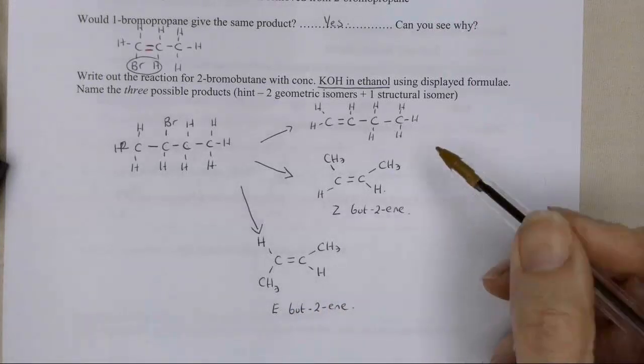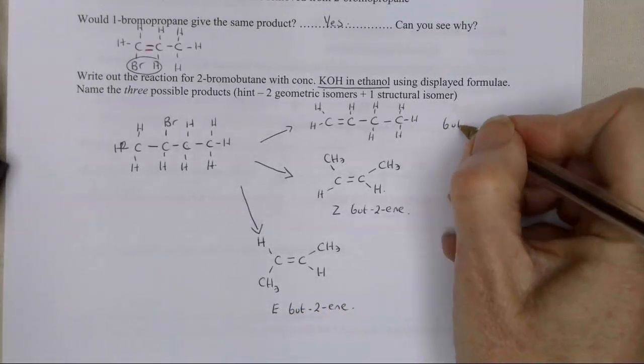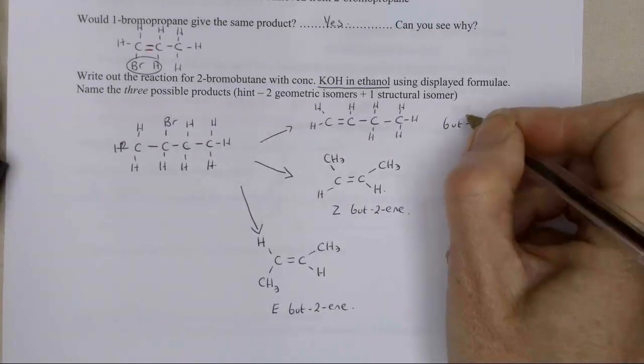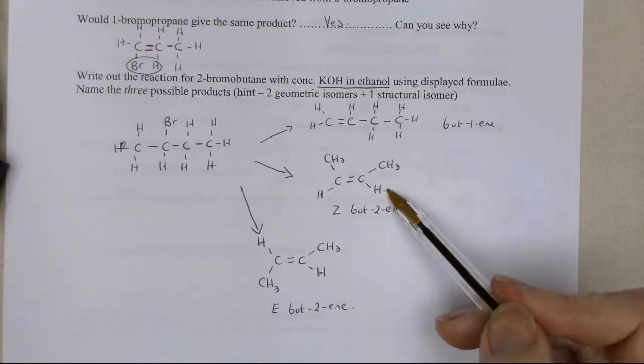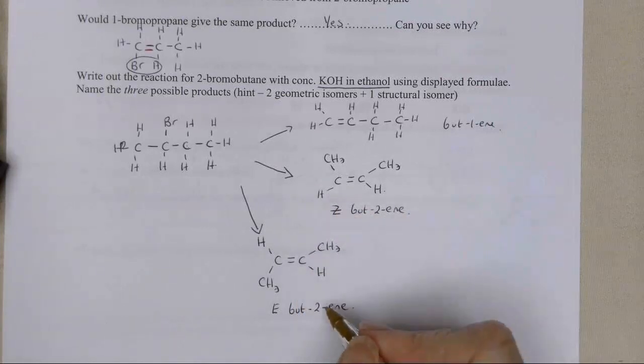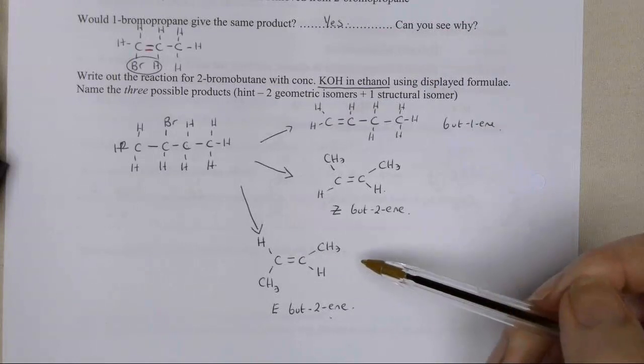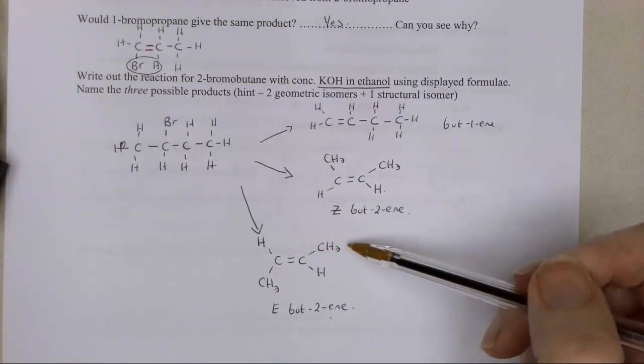So I can get but-1-ene, which doesn't have geometric isomers, remember, or I can get Z-but-2-ene, make sure it's a Z, or I can get E-but-2-ene. And when I say 3 possible products, what you probably get is all 3 of them.